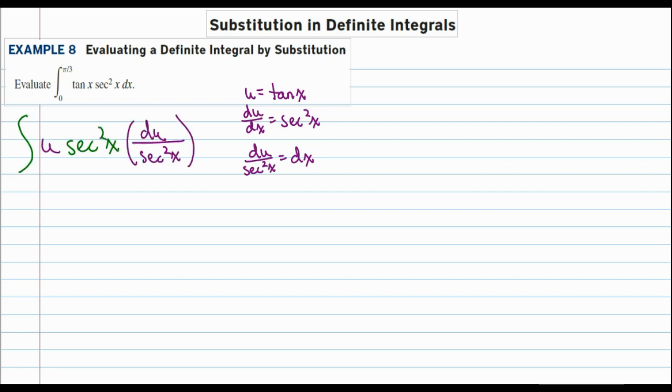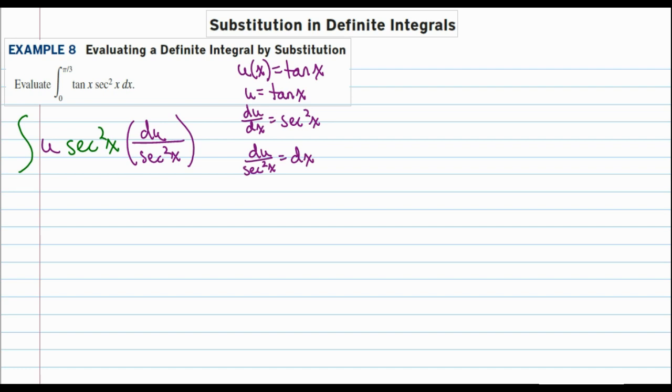Now, here's the problem. Well, it's not a problem: the lower limit of integration and the upper limit of integration are now changing. 0 and pi over 3 were what you were supposed to plug in for x. Now we need to plug a lower limit and upper limit into this function called u.